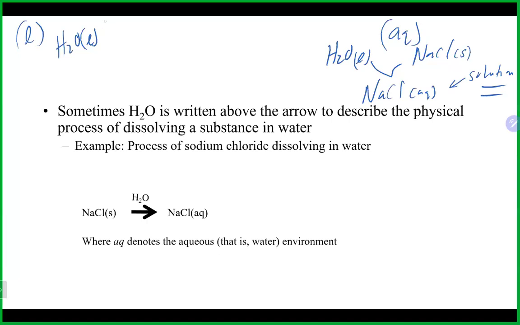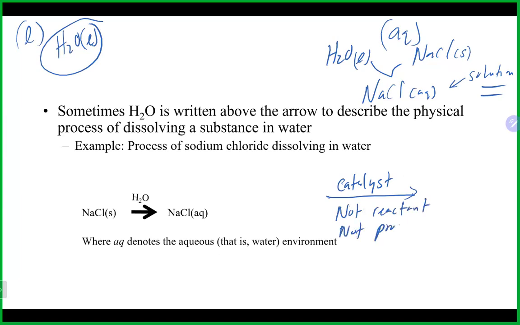So pure liquid, just one thing. Aqueous means basically it took at least two things and made a mixture of it, and it's a homogeneous type mixture. Other things that we also will sometimes see on top of the arrow is a catalyst. And a catalyst is not a reactant. It's not a product.